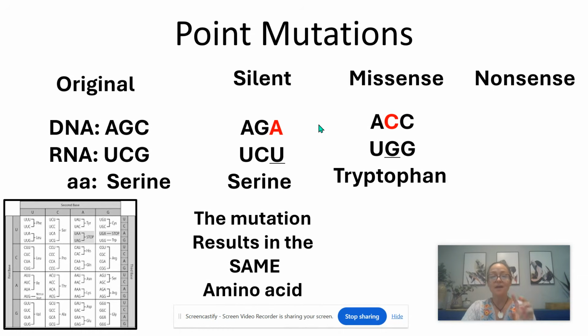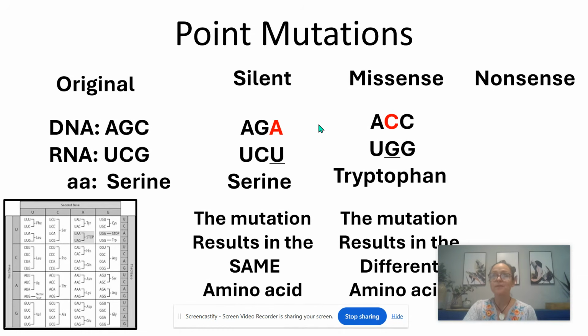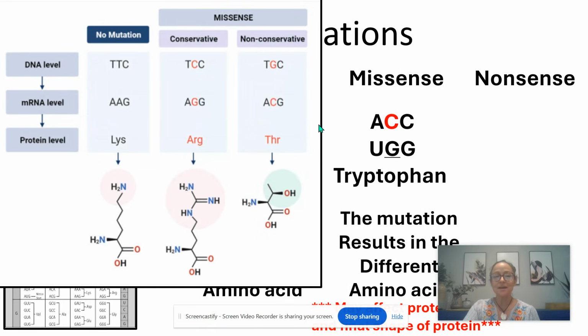And so now this change could have an impact or not on the folding of the protein. It really comes down to, does the new amino acid have the same chemical properties as the original? For example, if the original amino acid is polar, is the new replacement amino acid also polar? If that's the case, then it really shouldn't change how that protein folds.